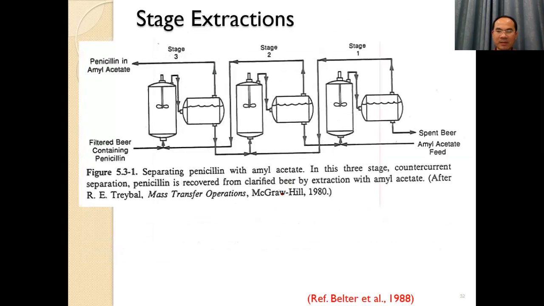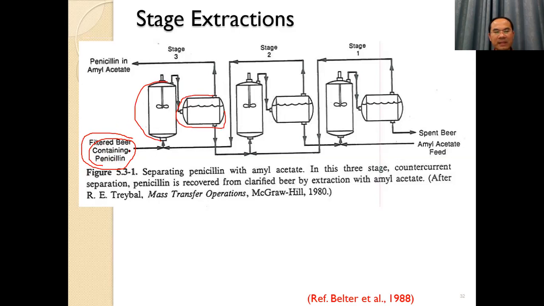This is the example of the multi-step operation. Like this, we feed. This is the feed that we would like to separate, the beer. We separate the penicillin in the beer. The mixture, a liquid solution, we feed in this direction. This is the extractor and settler.